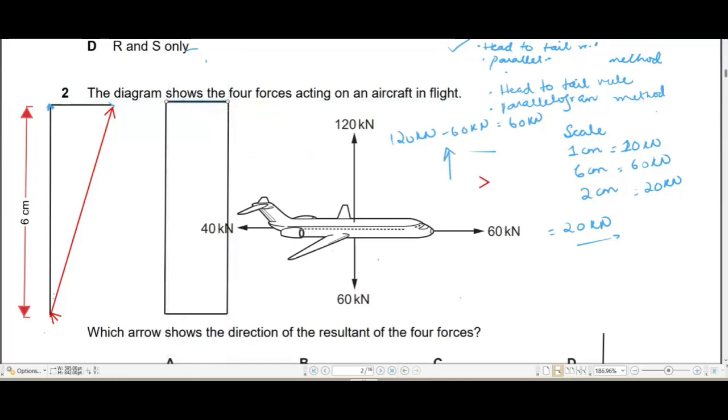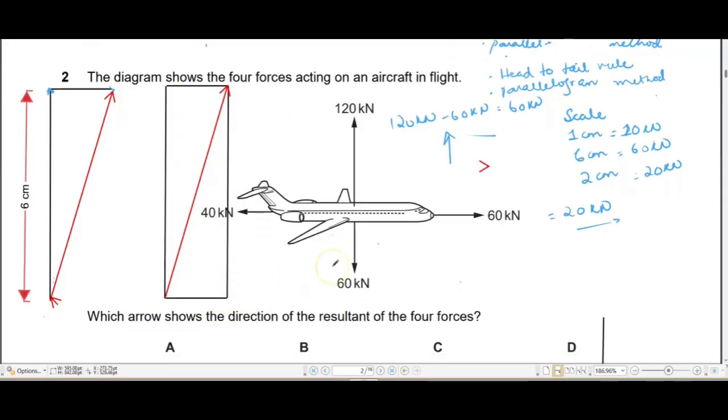Okay, and the resultant vector is going to be from this end to this edge, and you can already see that it also resembles the vector over here.